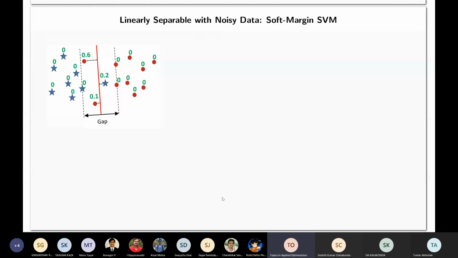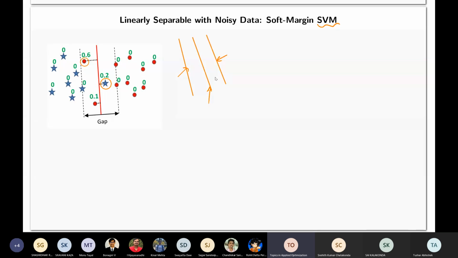Okay, so we can extend the SVM for noisy data also. What we have assumed so far is that the samples that we find are not noisy. In that case, this is our separating hyperplane, and these are the supporting hyperplanes, and we never assumed anything here.